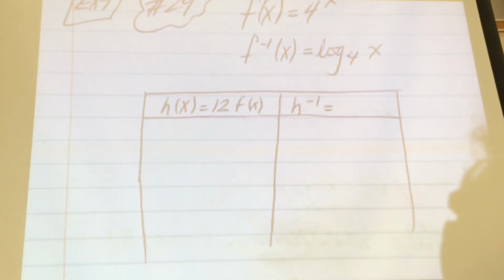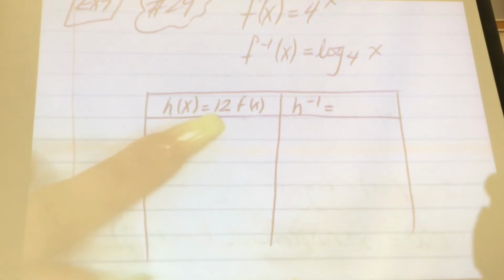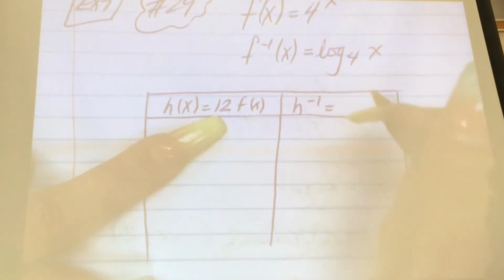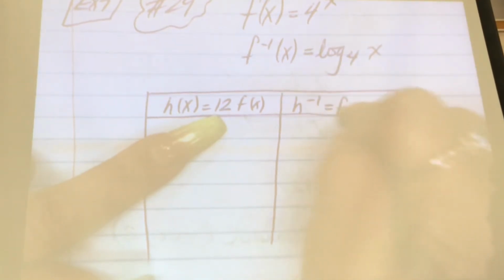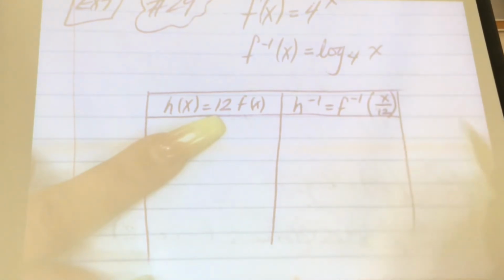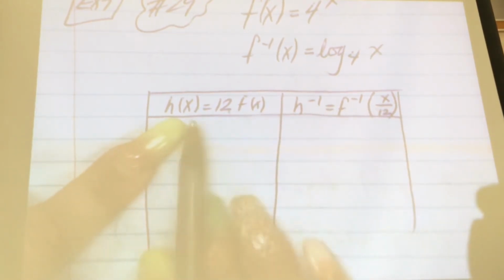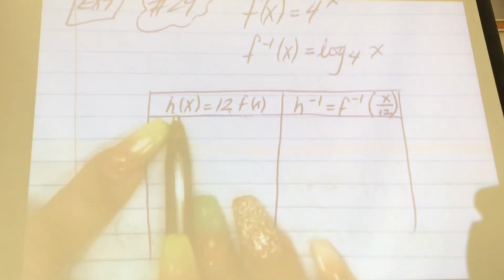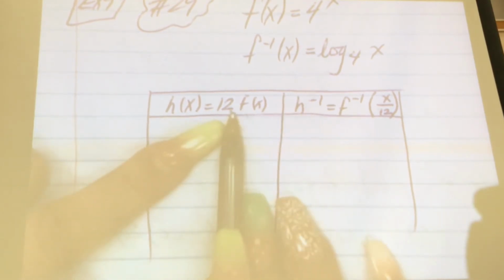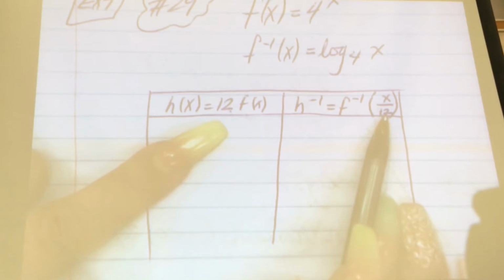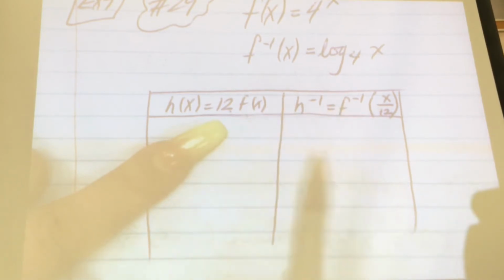Well, its inverse is going to be the opposite operation of being multiplied. So its inverse is going to be the inverse of f, and instead of multiplying by 12, I'm going to divide by 12. So literally everything here is opposite. I need you to be convinced of that. H inverse: times 12 becomes divided by 12. Instead of an f, it's f inverse.